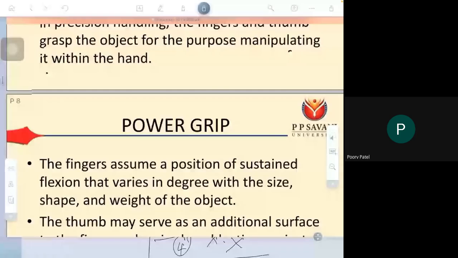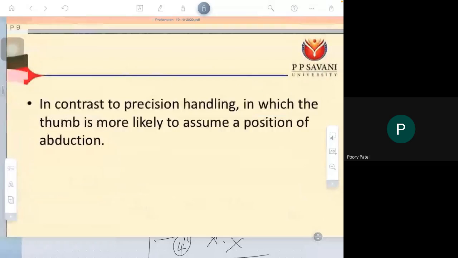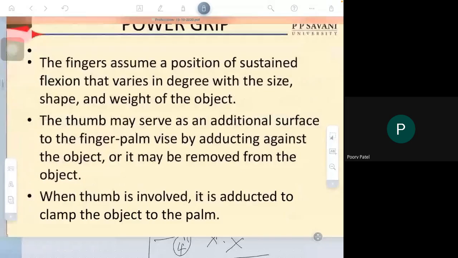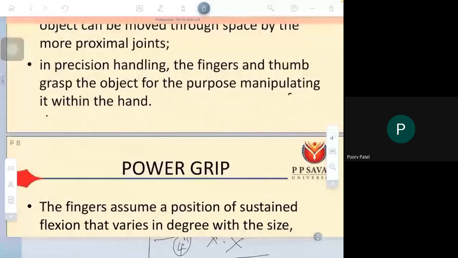Okay. So now we studied the differences between power grip and precision handling. Now we are going to study power grip in detail.